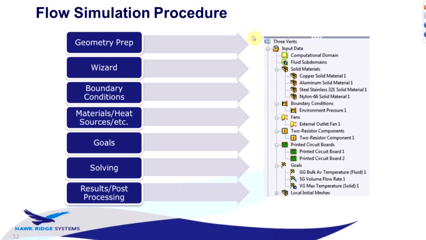Once that wizard's done and we've defined all the main parameters of the analysis, we'll be able to go in and specify the specific conditions, except instead of things like forces or fixtures, we're going to be specifying conditions like the material properties and heat source values, boundary conditions, which govern what the flow is doing in the analysis.